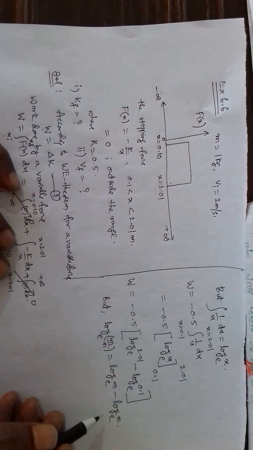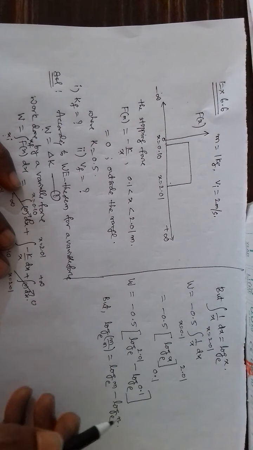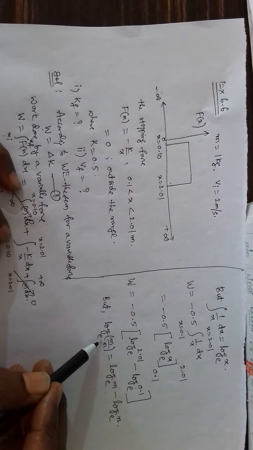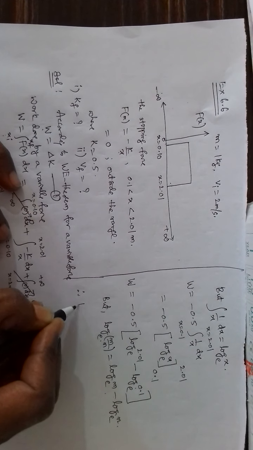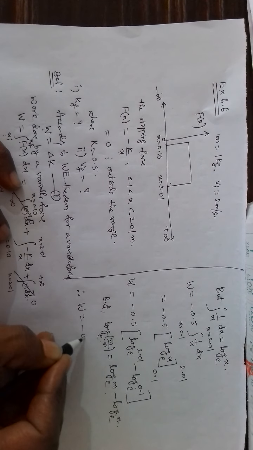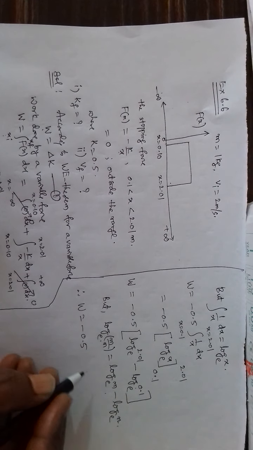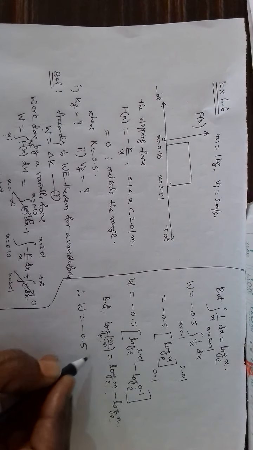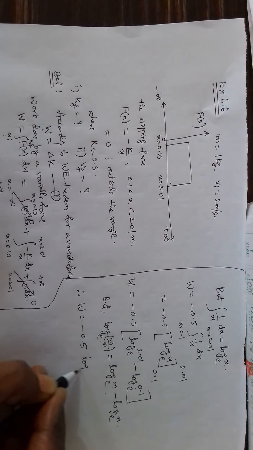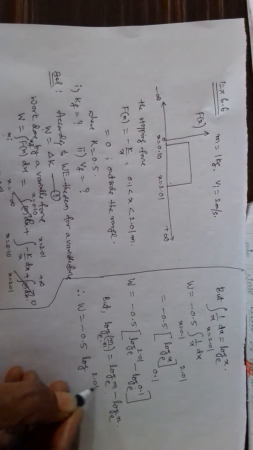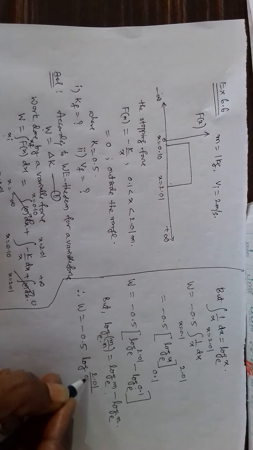So making use of this, we can see this is in this form, therefore this can be converted into this form. Therefore W is equal to minus 0.5 log of m by n, 2.01 by 0.1.